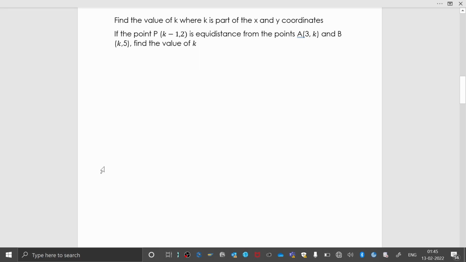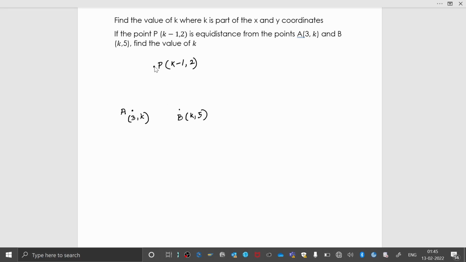To do this, we will just trace out the points here. Say, for example, if this is my point P, which is (k minus 1, 2), and we have another point A, which is given by (3, k), and we have point B, which is given as (k, 5).